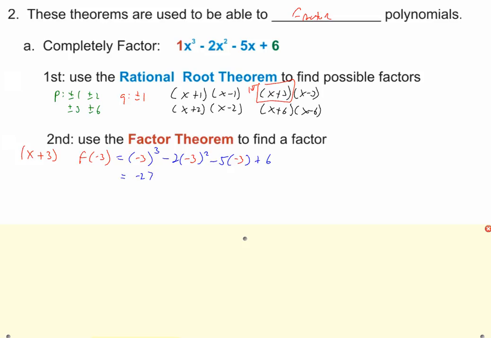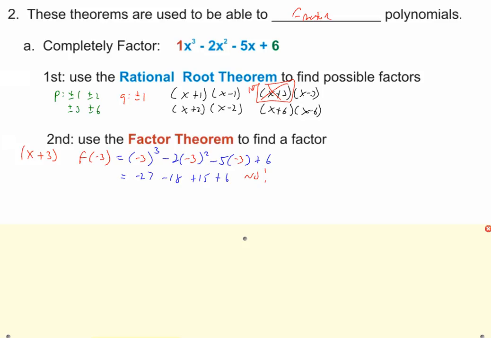Negative 3 squared is 9 times a negative 2 is a negative 18. 5 times negative 3 is negative 15, plus 6. That's a no. 1 out of the way. Now we have a 3 of 7 probability.